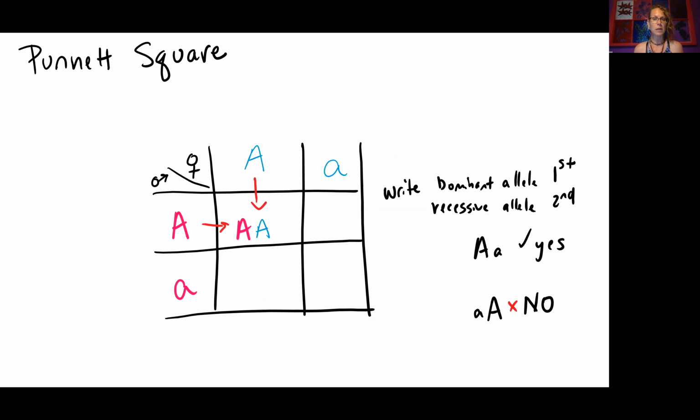And that is going to be the common way that you see these completed. That's going to be the easiest way for you to understand your Punnett square. So it's really your only rule. So let's pause the video and see if you can complete it on your own. So go ahead and pause.